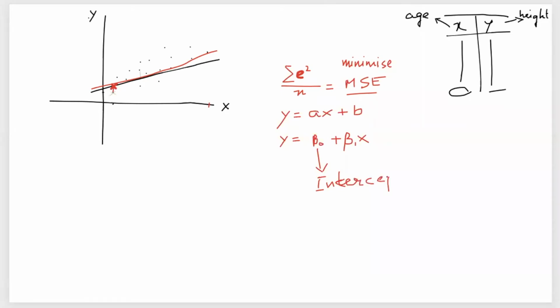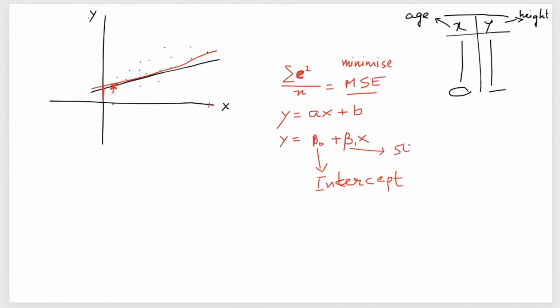Now it is very easy to understand the intercept, basically because the value of the intercept, beta 0 or a in this equation, is that when x is equal to 0, the value of y will be here. So the value of y when x is equal to 0 is basically the intercept. And the second thing is that this term is known as the slope.